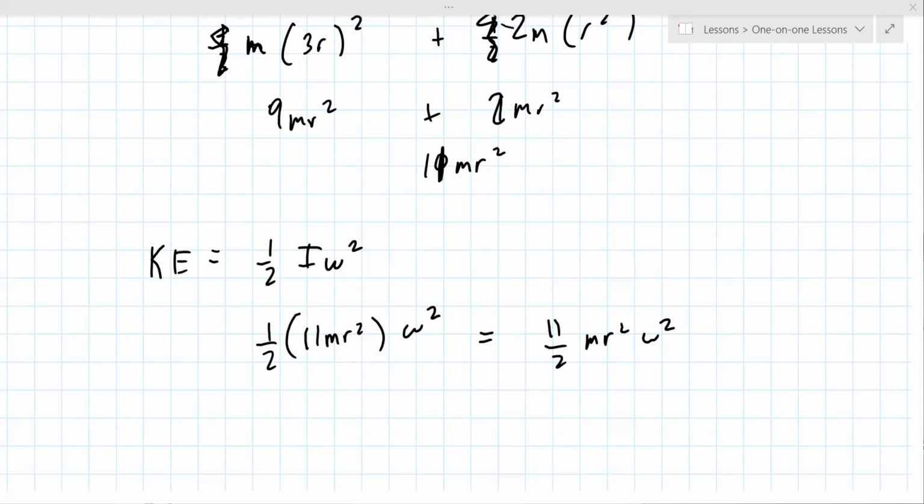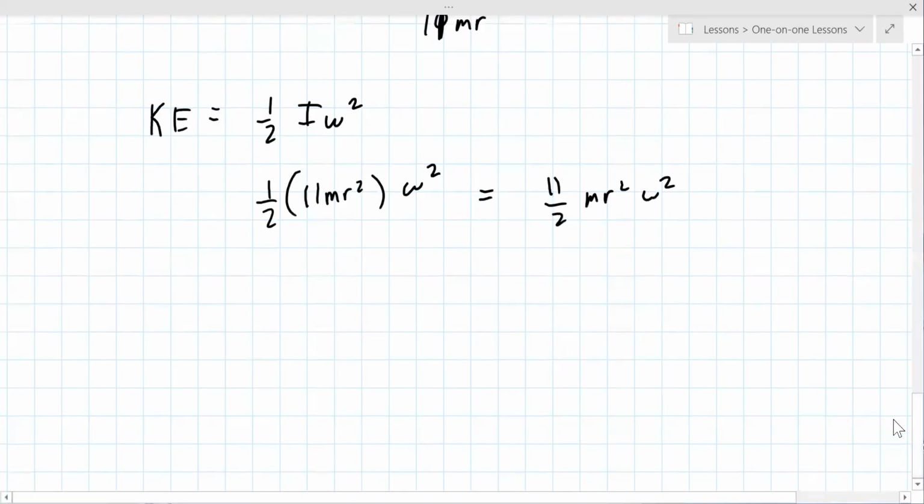Okay, part G. It says 1/2 mv squared. Find the kinetic energy of particle A. Particle A. Very layered.